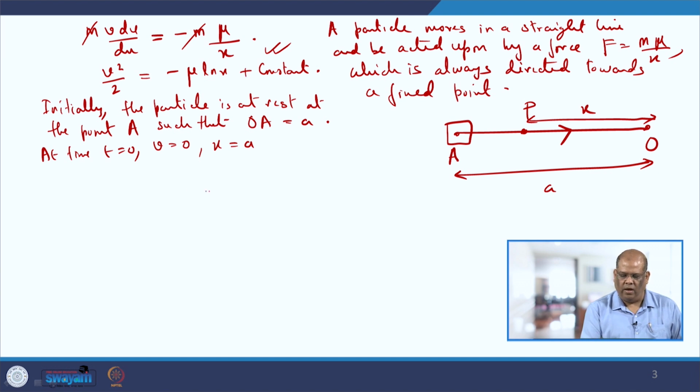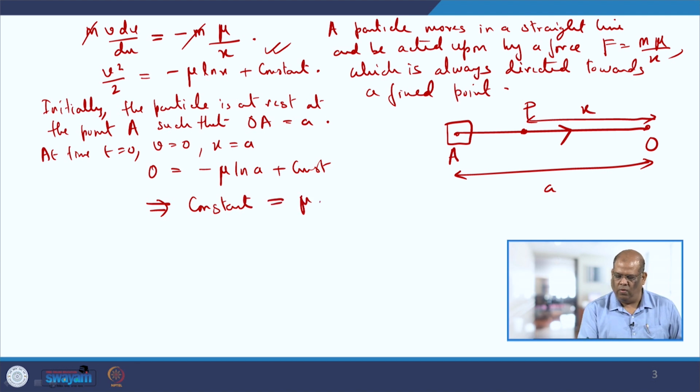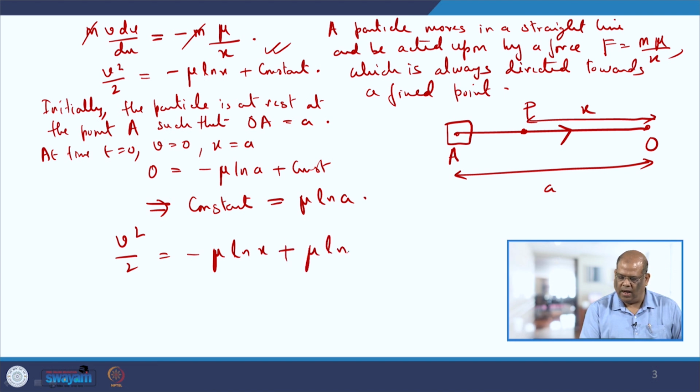If I substitute it, I will get 0 equal to minus mu ln a plus some constant, which implies constant is equal to mu ln a. So, I substitute the value of constant and you get v square by 2 equal to minus mu ln x plus mu ln a. If I take mu common, it is ln a by x. This 2 is multiplied, so 2 times this is v square.